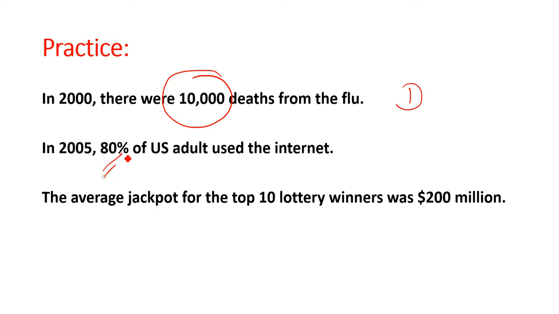So 80% of what? We do not know. It means this is inferential. And the third: the average jackpot for the top 10 lottery winners was 200 million. As I have told you, whenever you see average, it means this is descriptive statistics. Right? Here I have explained the answer to you as well.